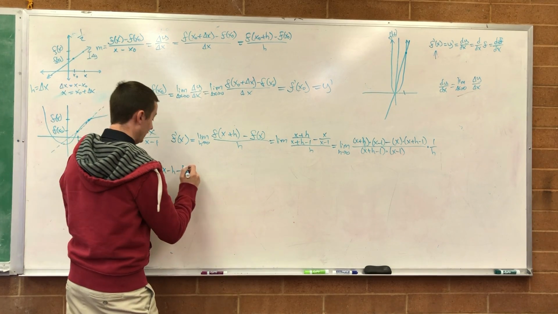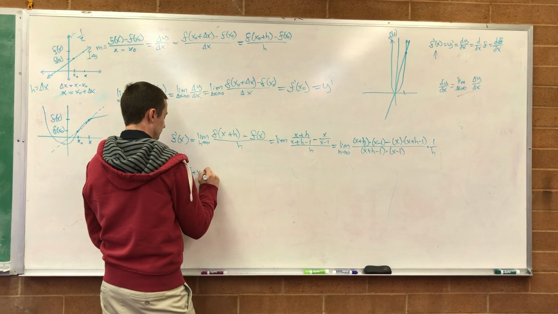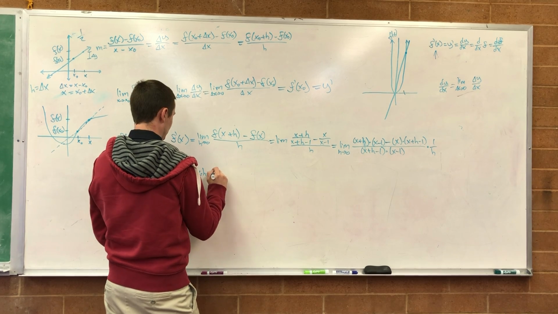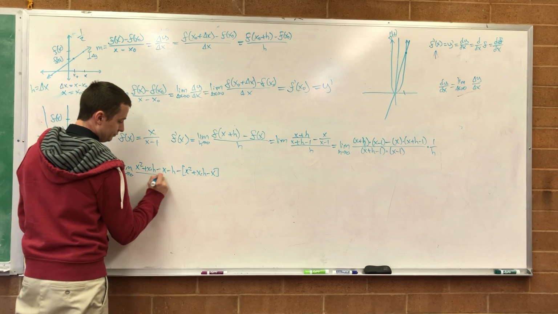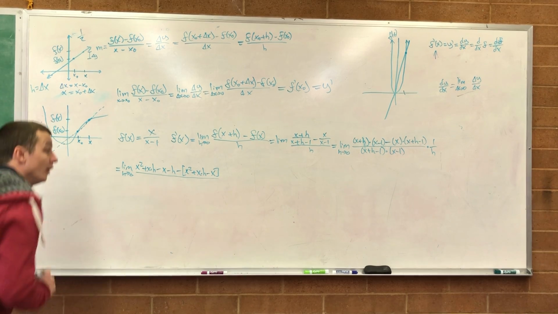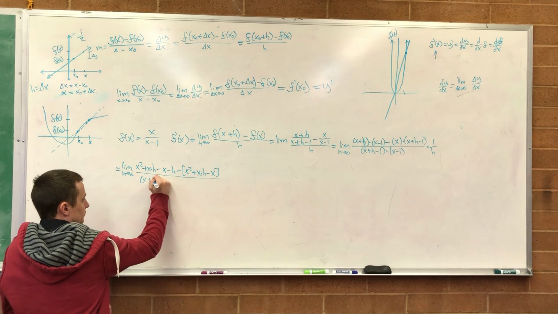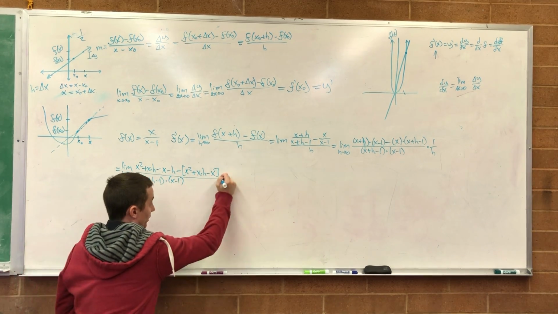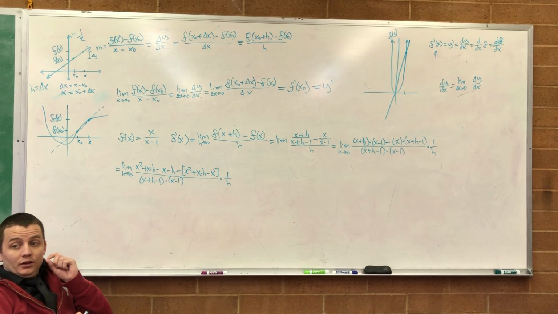Minus x times x is x squared plus x times h minus x. All over the denominator we don't need to worry about, times 1 over h. You follow that?